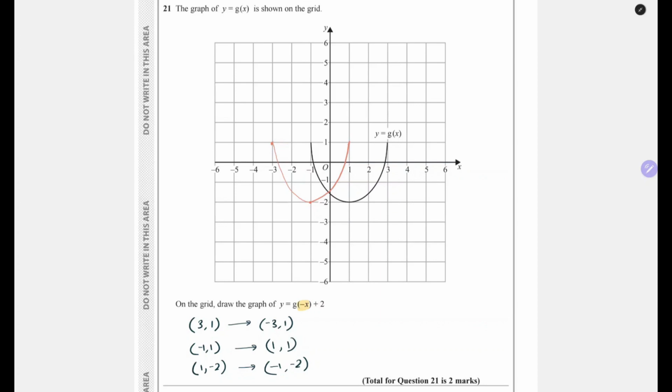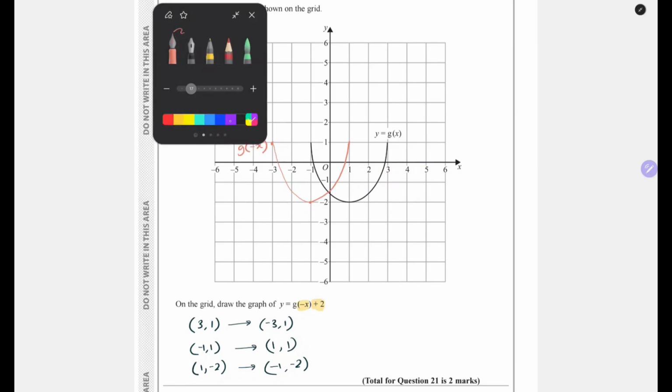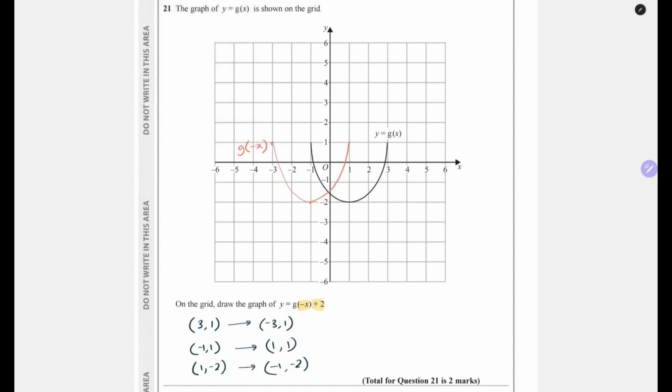The next part of the transformation says plus 2 on the outside, and that means we are going to shift the graph up along the y-axis by 2. If we label this as g of negative x, now all you need to do is shift it up by 2.